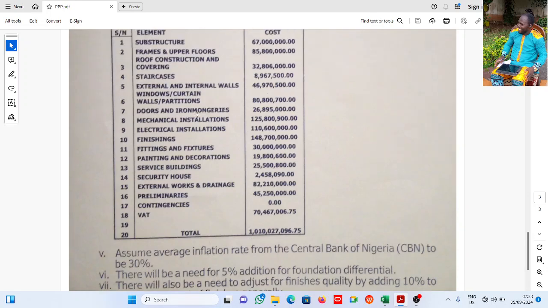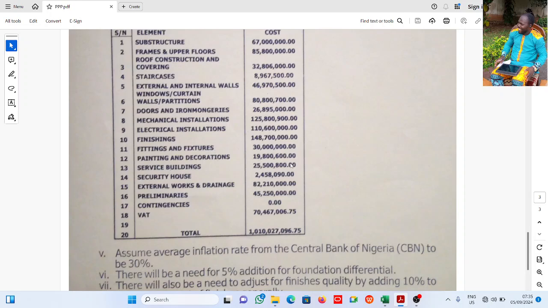The cost of finishes is 148,700,000. So we have that.